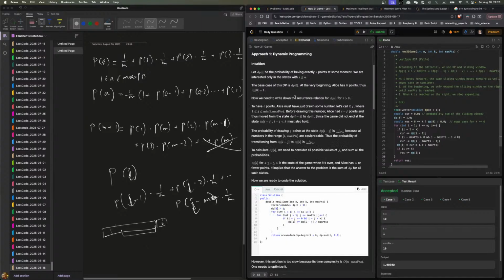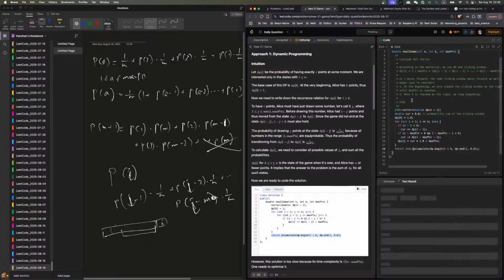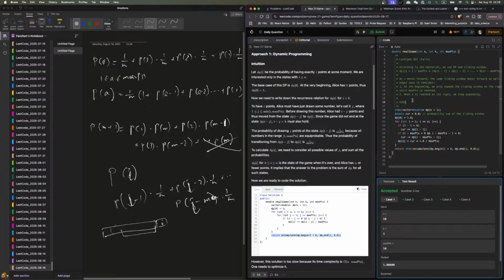And now I'm also curious if this is going to make things faster, which I'm going to try. So return... try the editorial way of using accumulate.